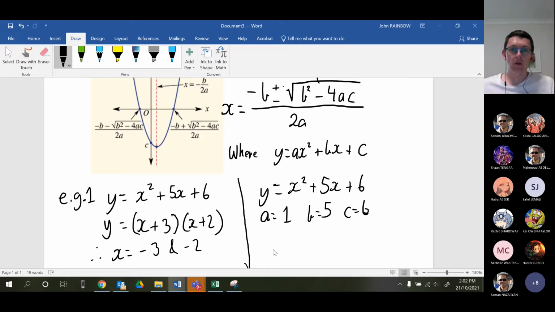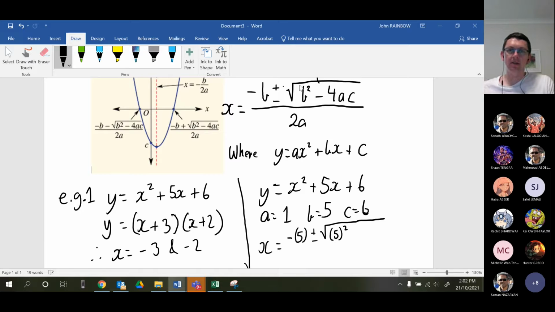So I'm going to write out the quadratic formula, and this will tell me where the x-intercepts are. It's going to be negative b, so it's negative 5, and you've got to be careful because it's actually positive 5 if that's a negative. I typically tend to put that one in brackets because it's a negative. Then I've got plus or minus the square root of b squared. Again, I tend to put this in brackets as well because if it's negative, I know it's always going to come out positive.